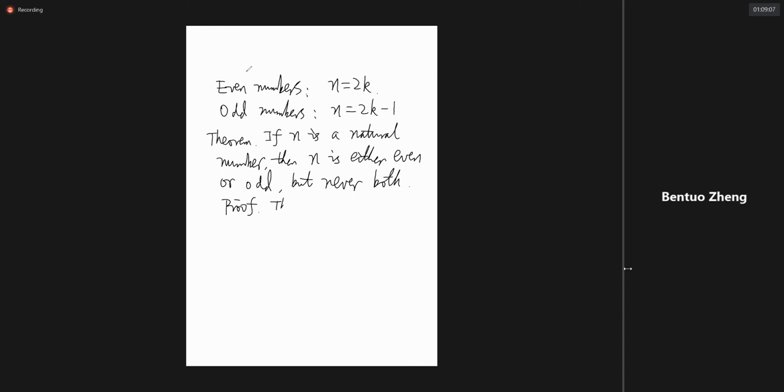There are two cases for n. The first case is n is equal to 1, the initial number. So if n is equal to 1, let k equal 1, we get n is equal to 2k minus 1.